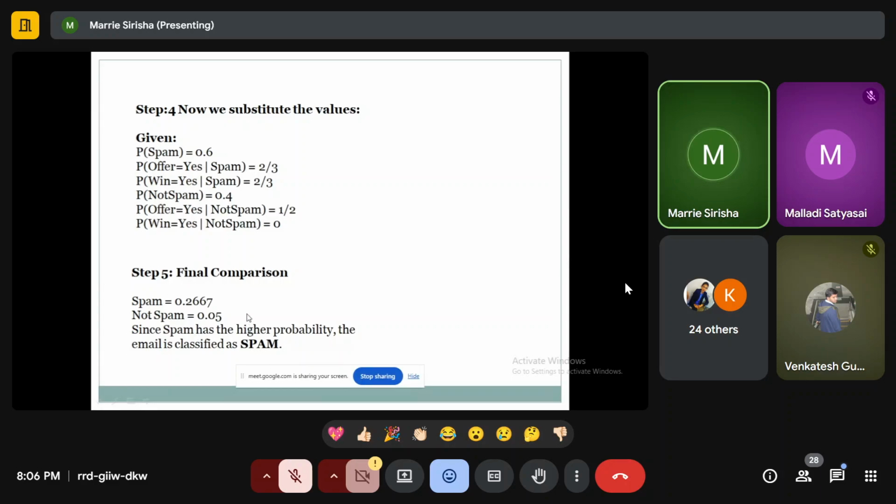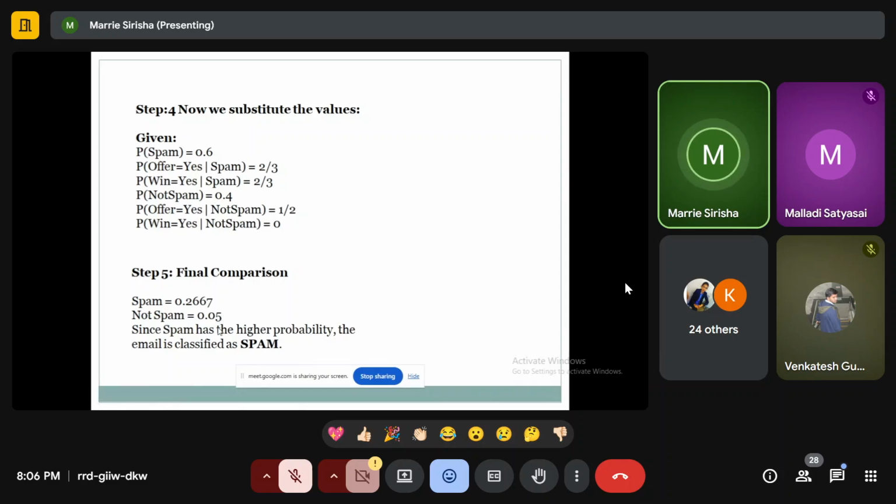సో మనం ఆ ఈమెయిల్ స్పామా కాదా అని ఎలా క్లాసిఫై చేస్తున్నాం? హౌ మచ్ ద ప్రాబబిలిటీ ఈస్ హయ్యర్, we have to give the priority to that particular category, right? I have 0.2, for example, and 0.05, which is greater, 0.2.